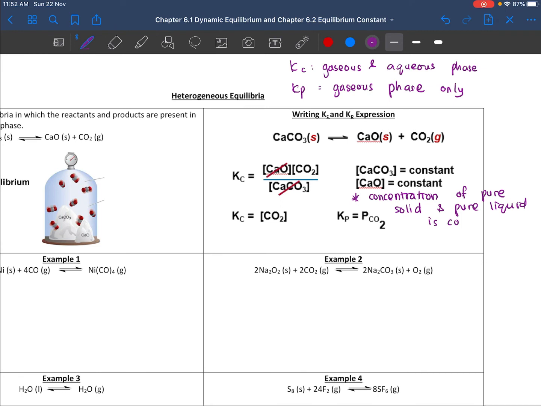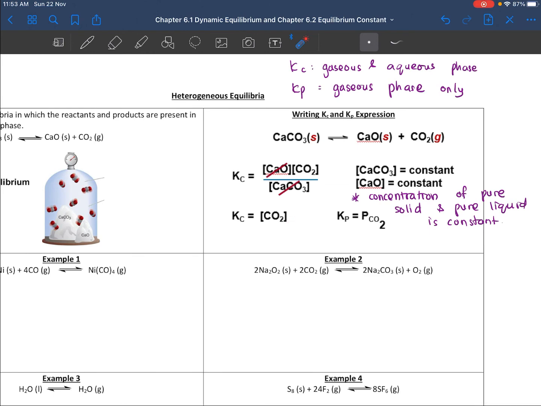Okay, so kiranya dia tak berubah lah. Okay, so disebabkan dia tak berubah, so dalam heterogeneous equilibria, kita hanya akan tulis Kc untuk gas dan aqueous sahaja. So macam dalam ni, ini solid-solid, ini gas. So Kc untuk ini adalah CO2 sahaja, concentration CO2 sahaja.